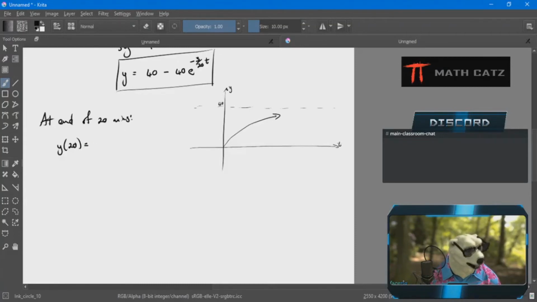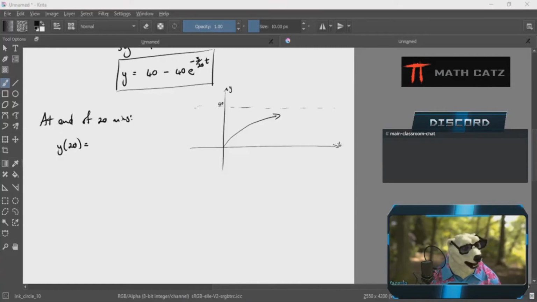There's not much to it. Let's get that done. I'll just use the MathBot calculator in Discord. So 40 minus 40 times e to the power of, I'll put that in brackets, negative 3 divided by 20 times 20. Oops, my brackets did not go well. Let me just fix that one second here, like so.